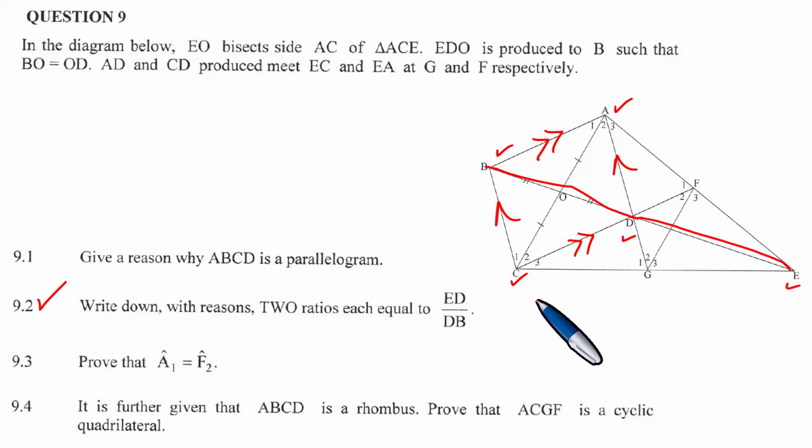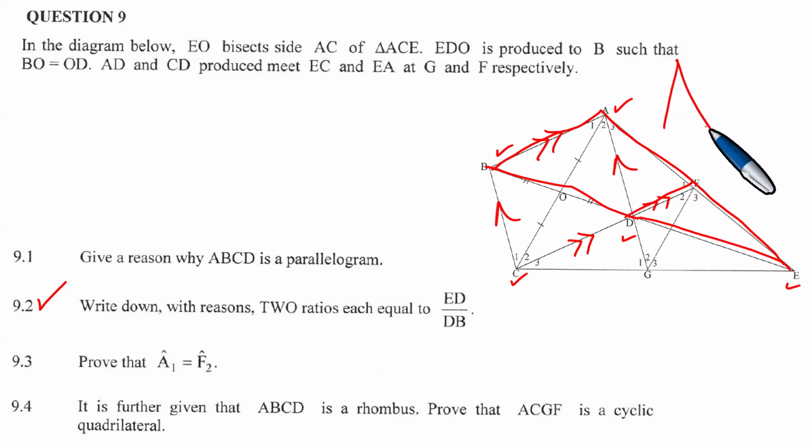Now we can look at other things. For example, you can see that this one is parallel to here, so you can extend like this, so that this triangle here has the proportionality theorem result. You need to know this triangle.